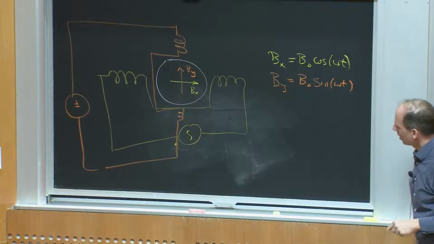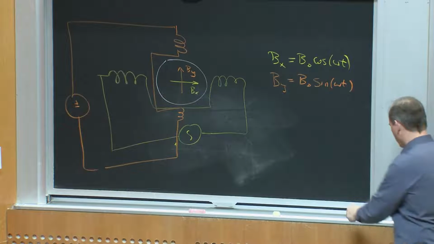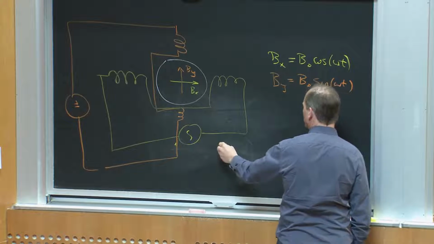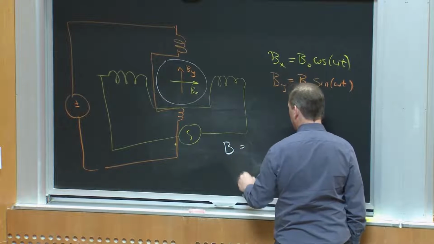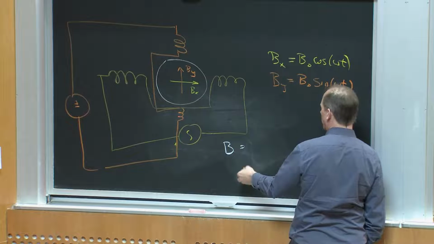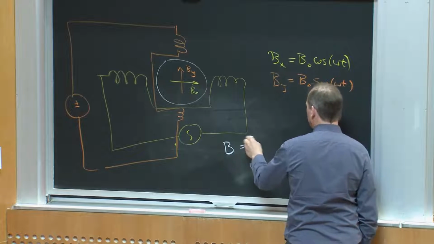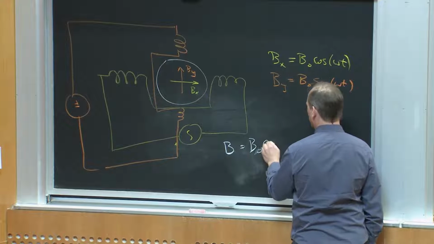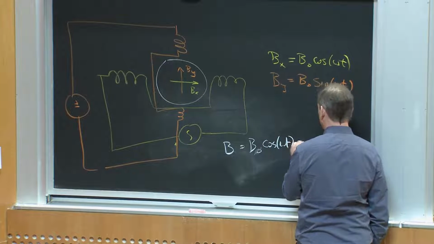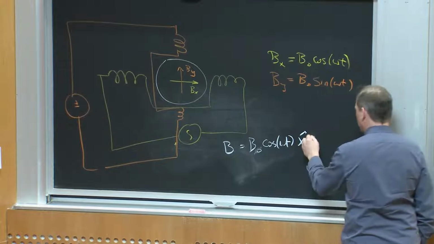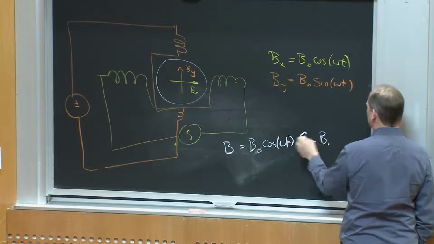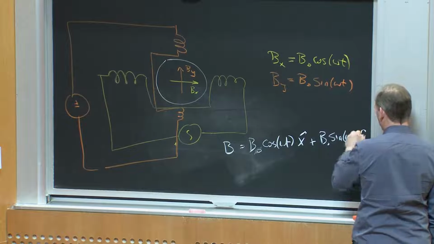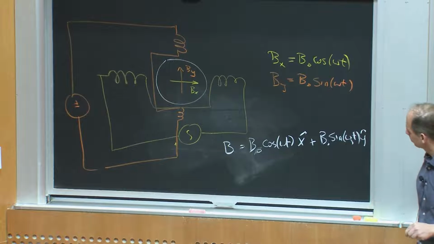Okay. If I did that with both of those, what would I get for a net magnetic field? I could then get a total magnetic flux density, as I'm drawing it, that's B naught cosine of omega t in the x hat direction, plus B naught sine omega t in the y hat direction, okay?